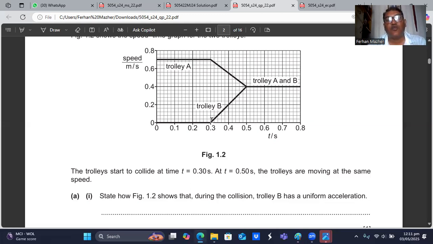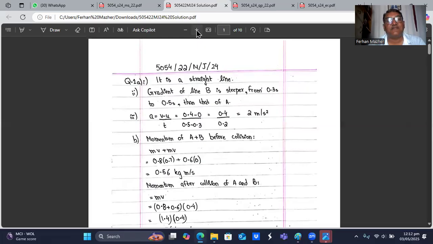And you can see from 0.3 to 0.5 seconds, the graph of trolley B is represented with a straight inclined line, which means that the gradient is constant, so the acceleration is uniform. So let's see what answer we have.